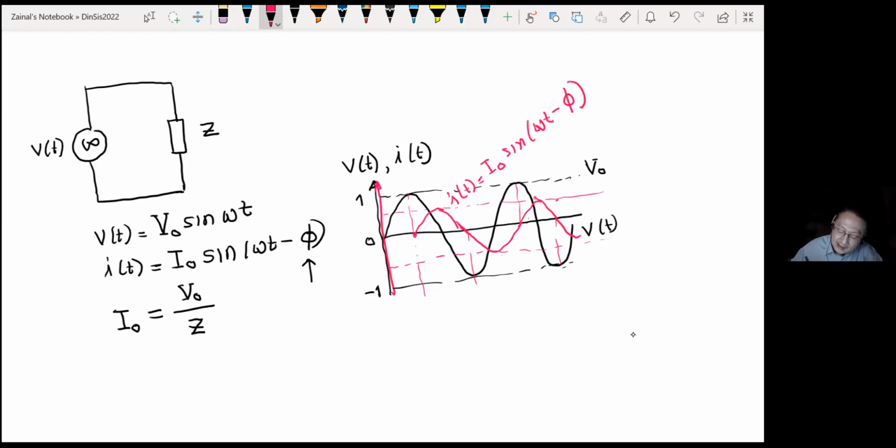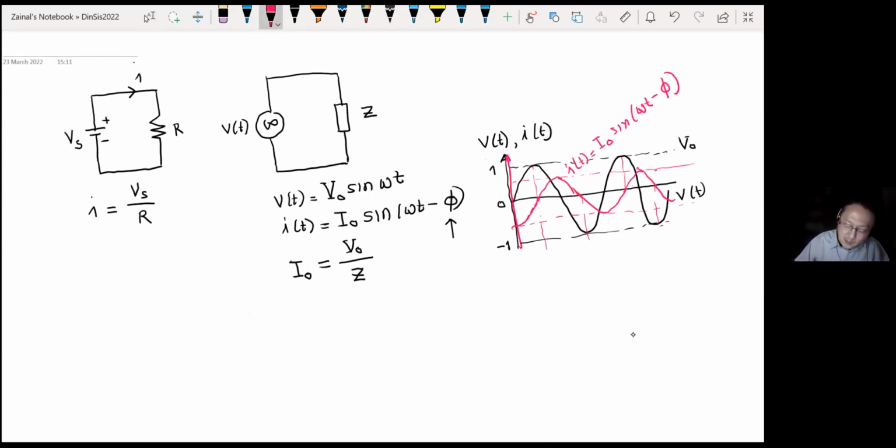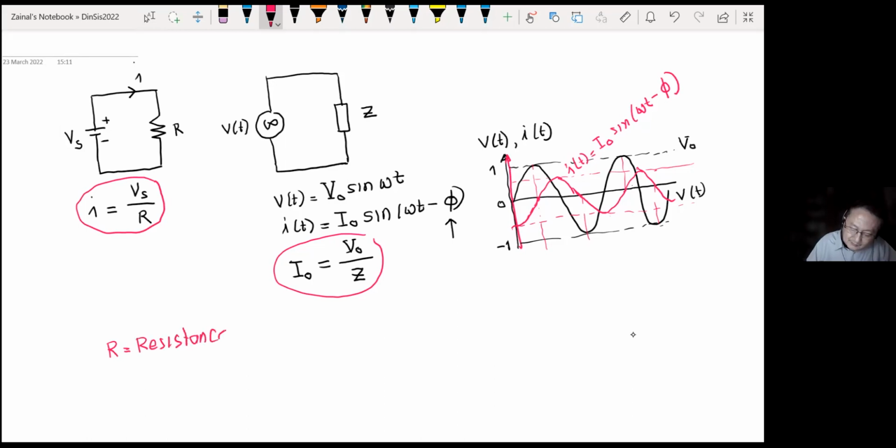There is a phase angle difference between voltage and current. So R is resistance, for DC only, while Z is impedance.